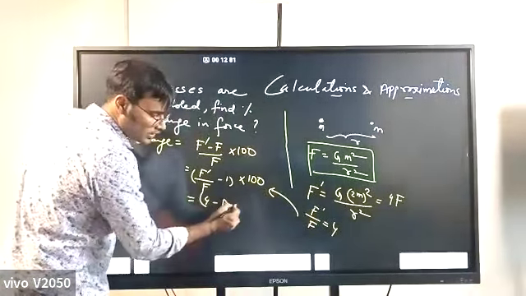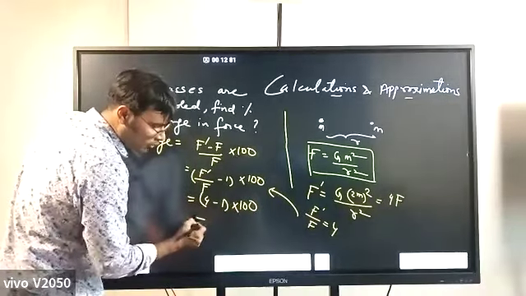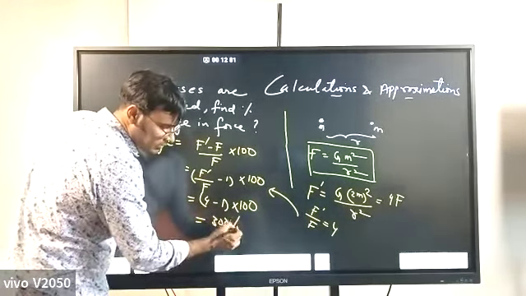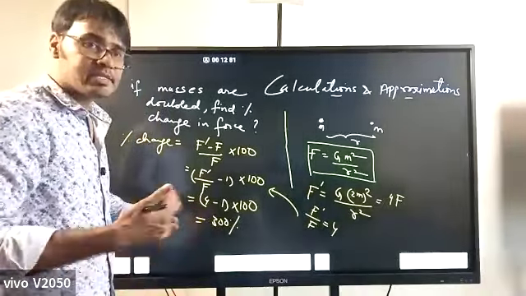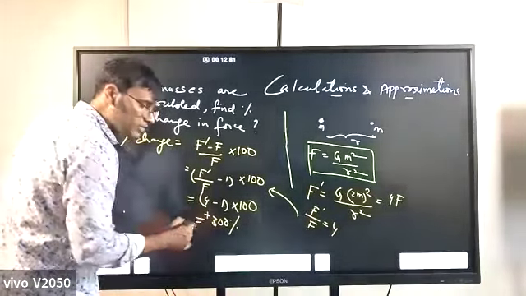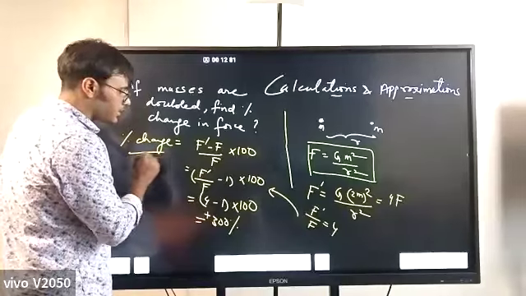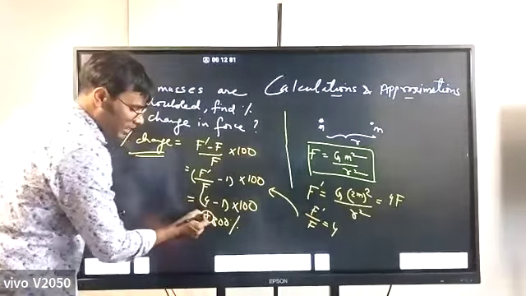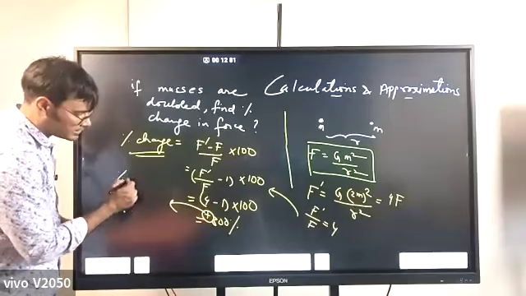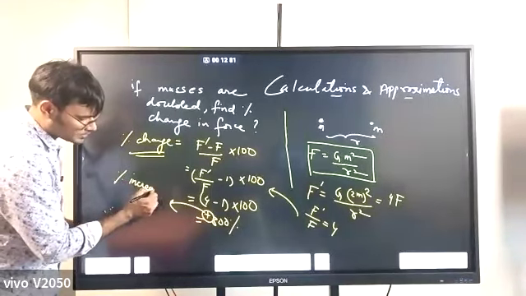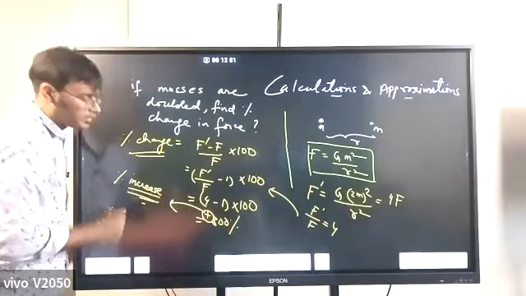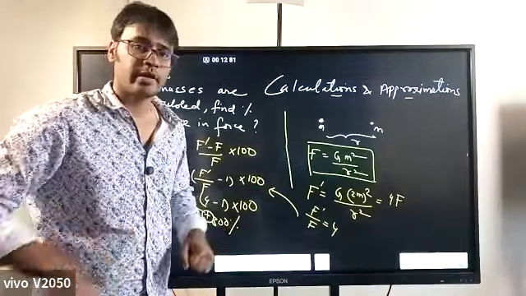So 4 minus 1 into 100. So the answer will not be 400%. The answer will be 300%. And since I am getting the answer as positive, that means it is a percentage increase. This positive sign indicates percentage increase. Yes or no? Are you getting my point?